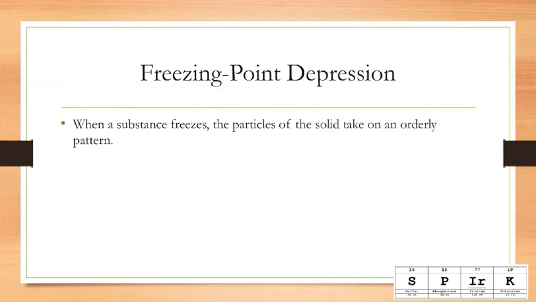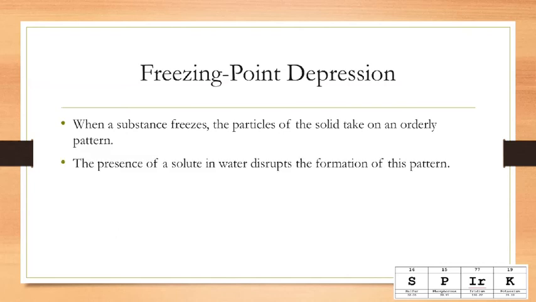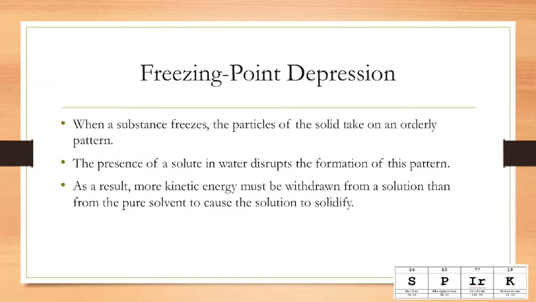Freezing point depression. When a substance freezes, the particles of the solid take on an orderly pattern. The presence of a solute in water disrupts the formation of this pattern, and as a result, more kinetic energy must be withdrawn from a solution than from the pure solvent to cause the solution to solidify.